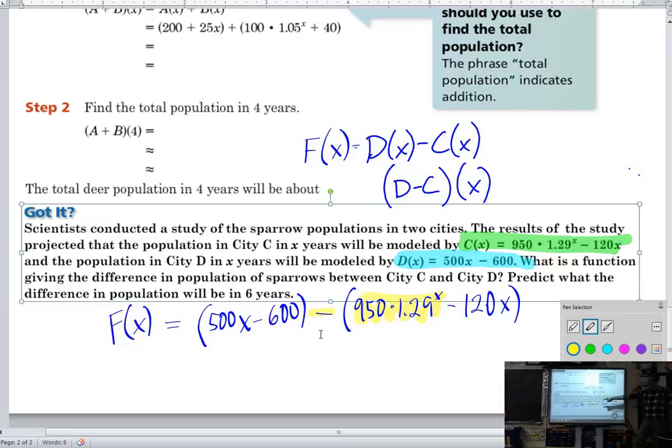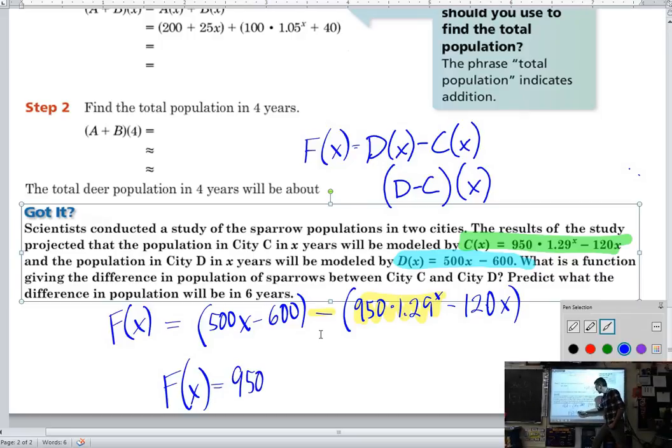So also the constant from the first one. But if we want to put these in order, let's throw the exponential value at the front, and then we'll put our x value, and then we'll put our constant value. So we're now going to set up that f of x is going to be negative 950 times 1.29 to the x.